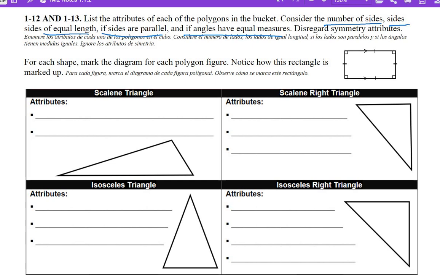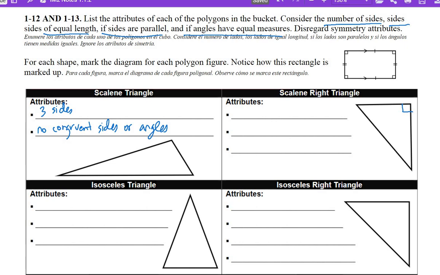Now a scalene triangle doesn't have any parallel sides, it doesn't have any sides of equal length, and it doesn't have any angles of equal measure. It has 3 sides and no congruent sides or angles. Next, a scalene right triangle.